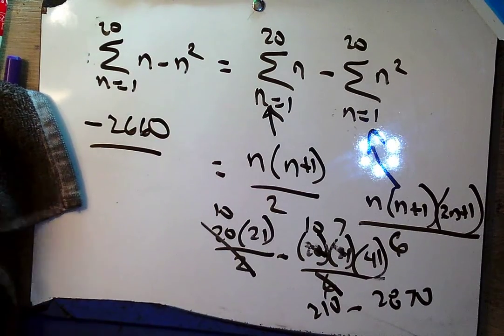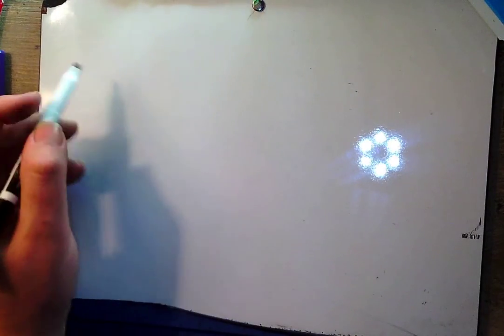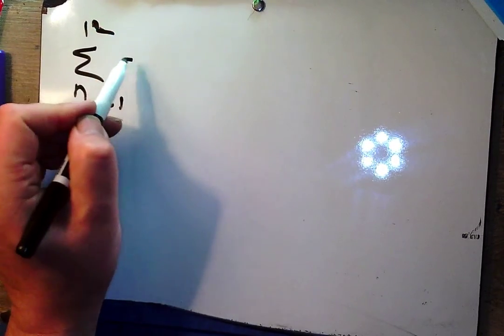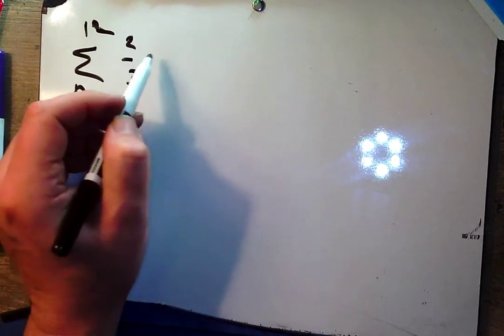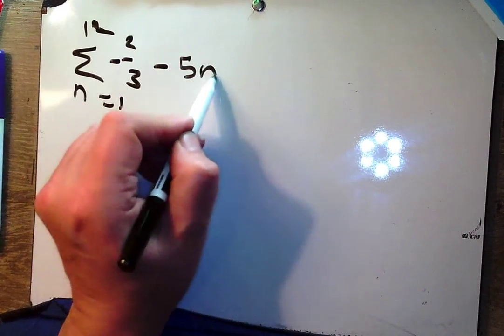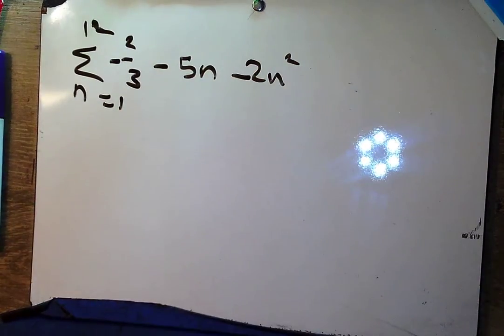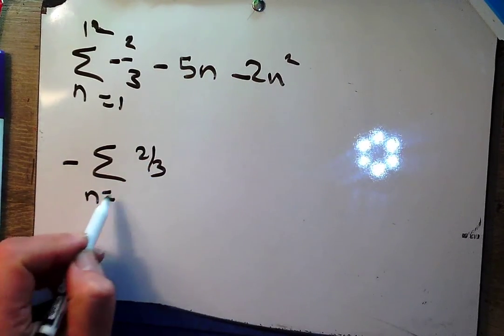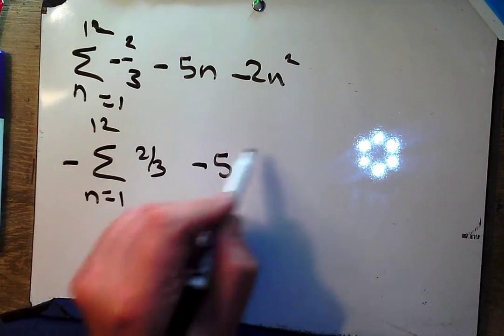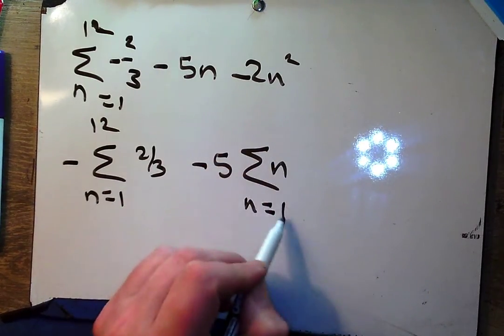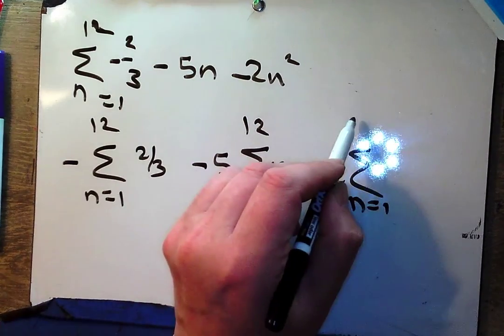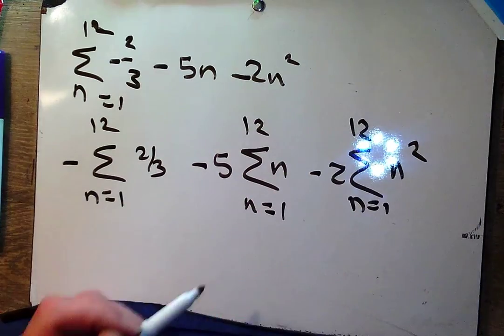Sorry about that. All right, part B says, how about figuring out the sum from n equals 1 to 12 of negative 2/3 minus 5n minus 2n squared. Sure. So the sum of negative 2/3 from n equals 1 to 12 minus 5 times the sum of n from n equals 1 to 12 minus 2 times the sum from n equals 1 to 12 of n squared.